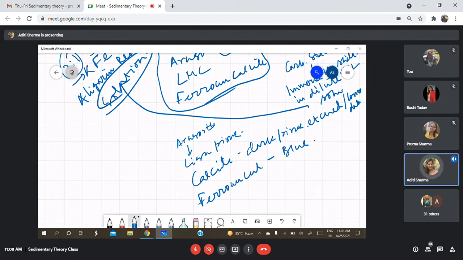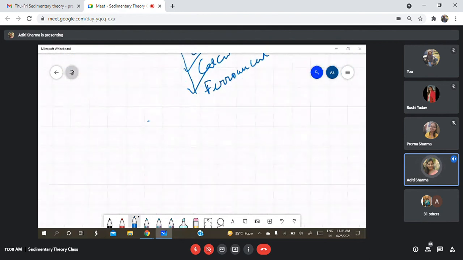Is it aragonite, calcite, or ferroan calcite? So this is how we identify, and that led to the concept of carbonate cement stratigraphy.